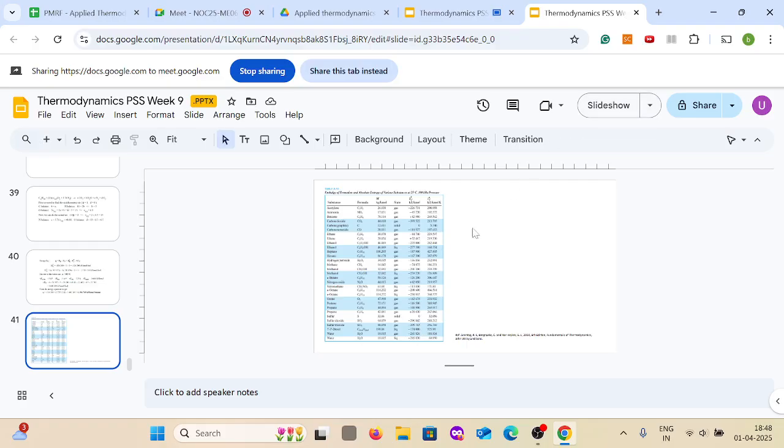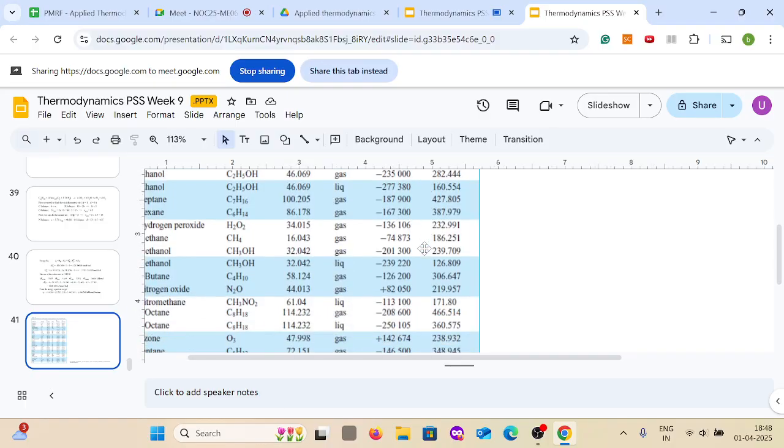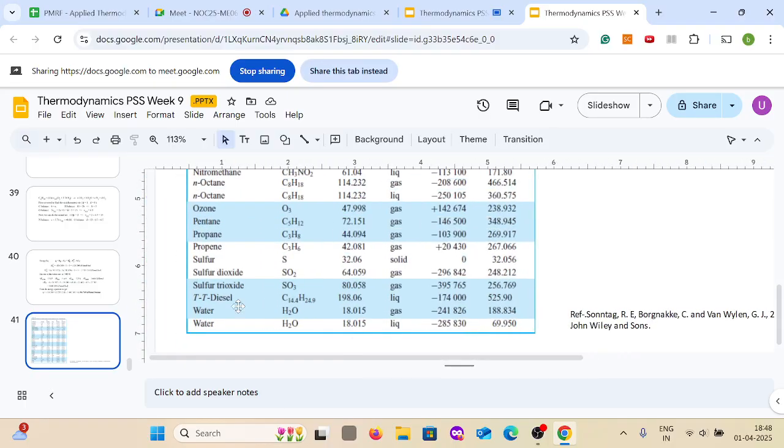Here, if you see the enthalpy of formation table, both values are listed. For water, both gaseous and liquid values are already given, so we just have to plug in those values.